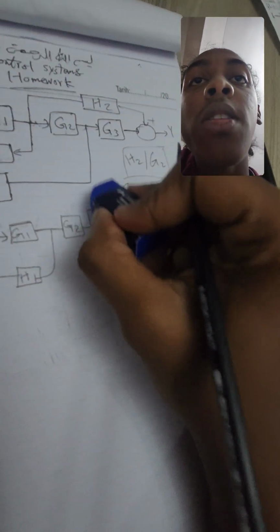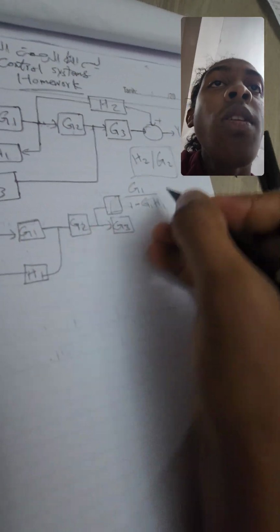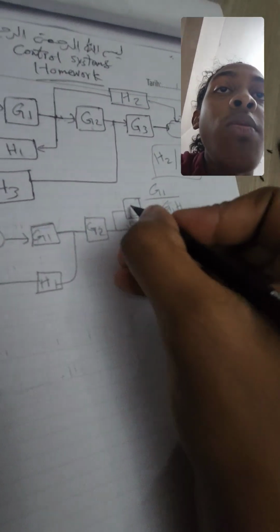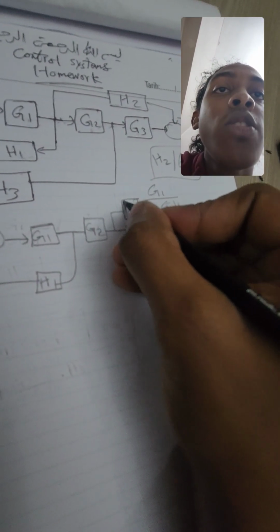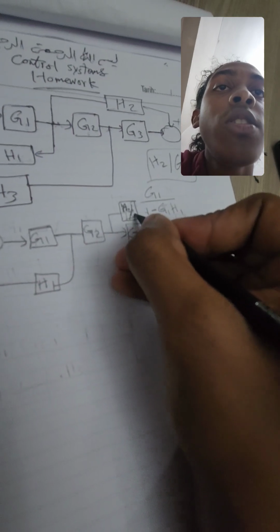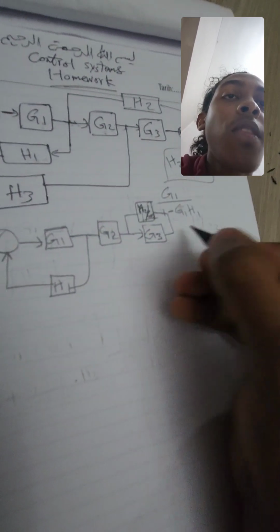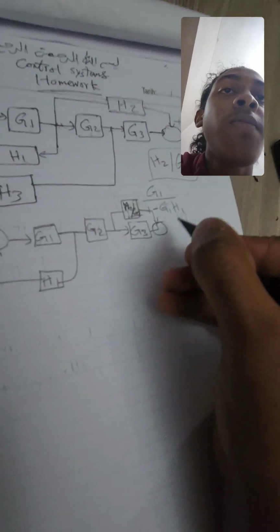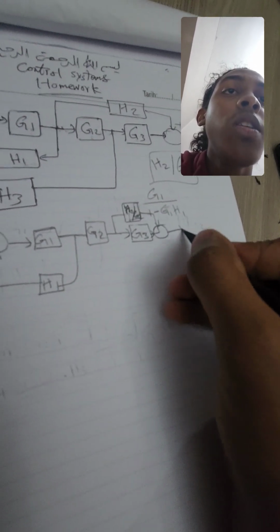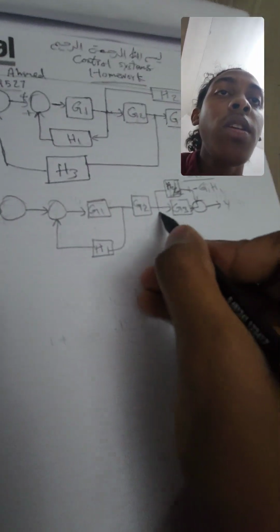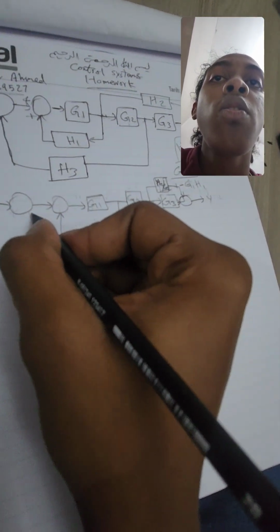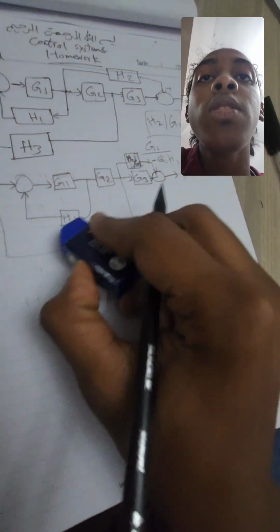So we have H2 here, but it changed from H2 to H2 over G2 by this formula. So it's H2 over G2 here. Here we have a summing point, and it's Y. There is also H3. It's from here to here, all the way here.